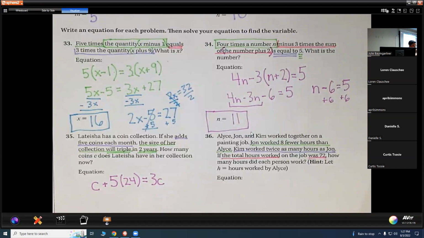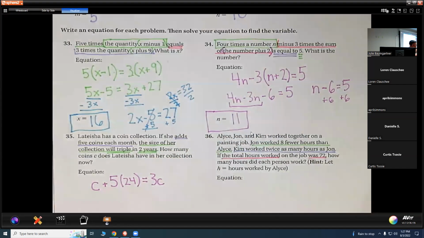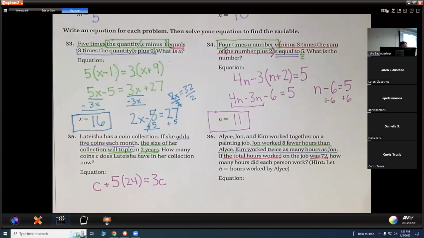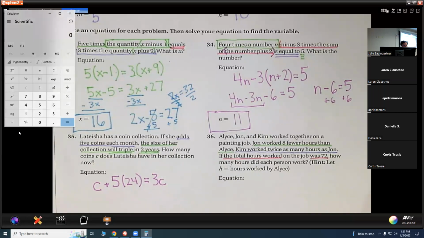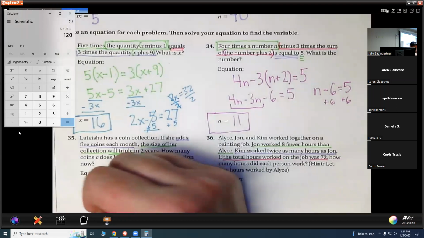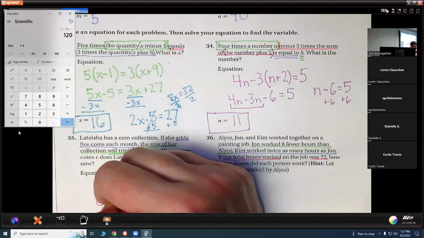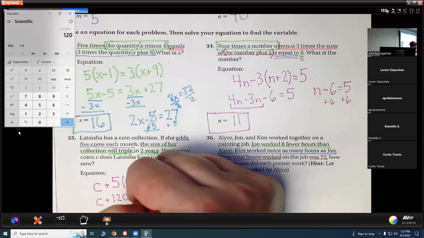So now we can see how we did here. You said 5 times 24 is 120, because 5 times 20 is 100. So then I have C plus 120 equals 3C.